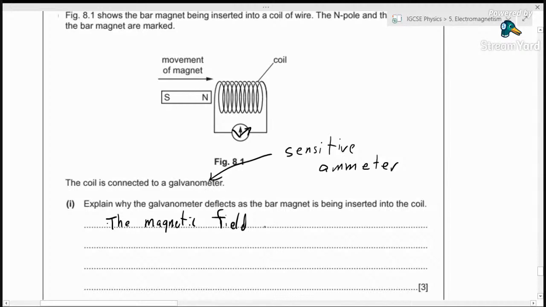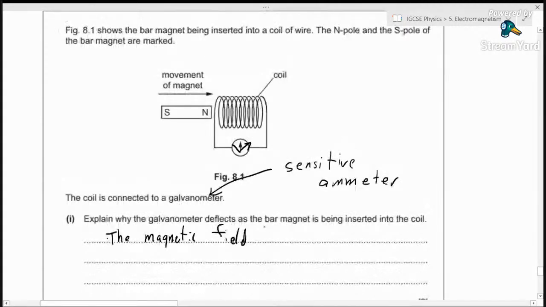The magnetic field of the magnet is moving. So there's 1. The coil of wire is cutting the field lines.